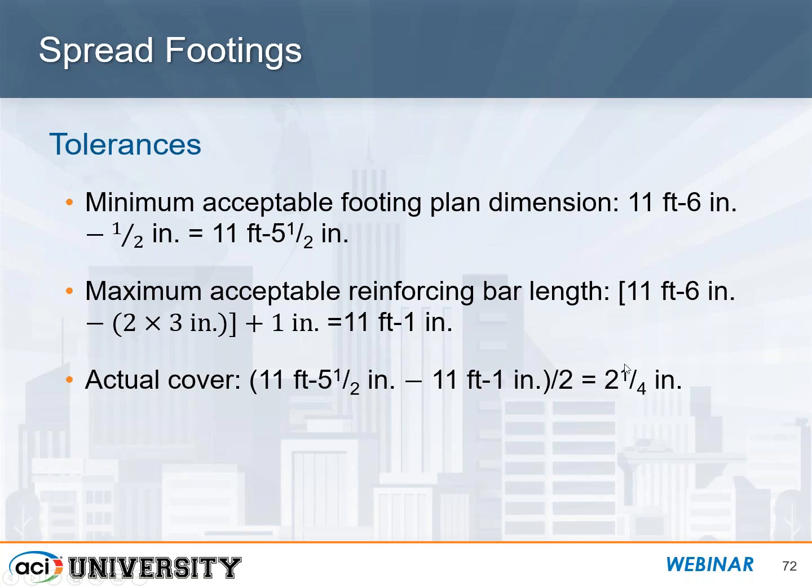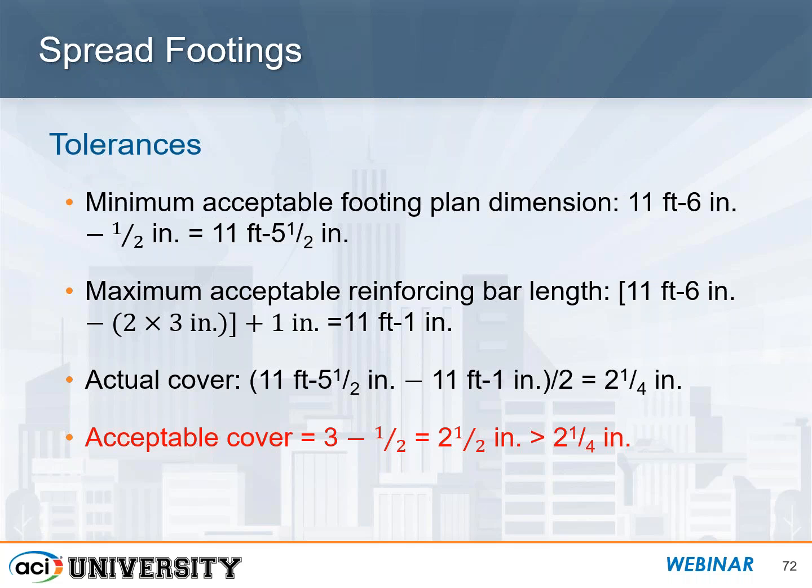So our actual cover could be as small as 2¼ inches, and that 2¼ inches is less than the minimum acceptable of 2½. Now, for ¼ of an inch, that's up to the licensed design professional to accept or not. But strictly speaking, it's providing smaller cover than what's required.